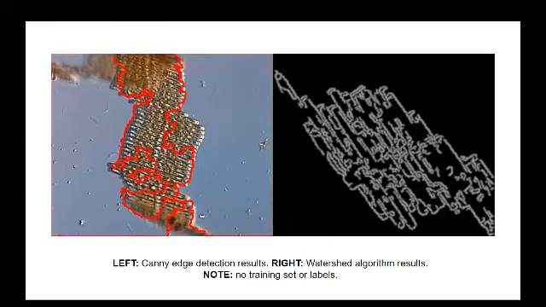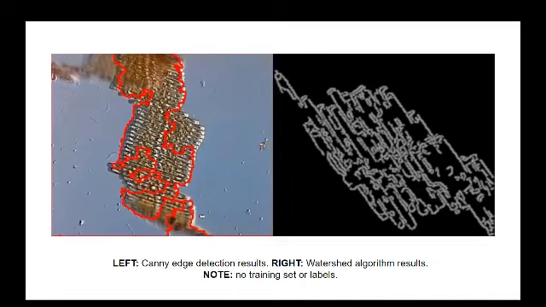So we chose two unsupervised algorithms, the first being Canny Edge, and the second being the watershed algorithm. Again, we didn't use a training set or labels for this. This was just the algorithm being applied to the image.